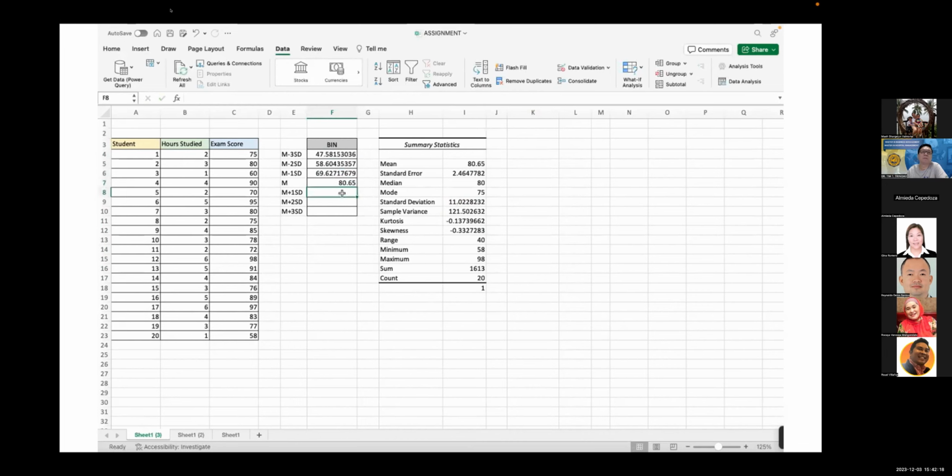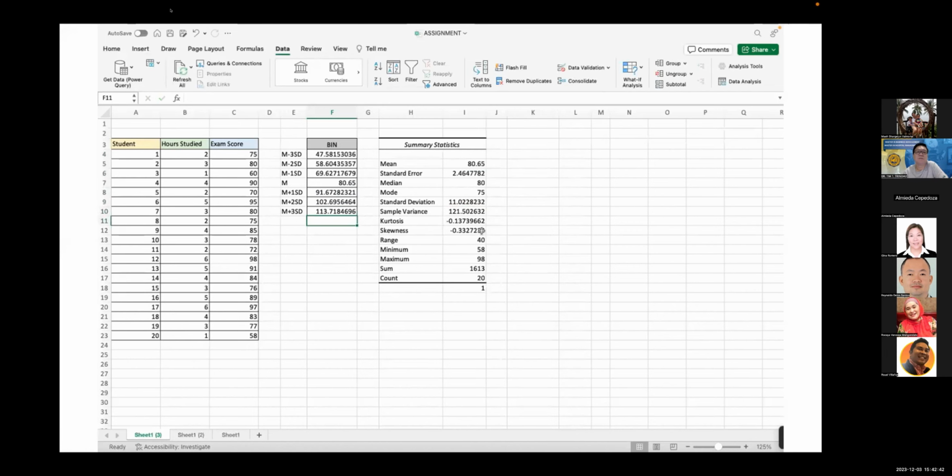Okay, so that's the mean. The mean is 80.65. And then we compute for the mean plus 1 standard deviation, and then mean plus 2 standard deviation, and then lastly, the mean plus 3 standard deviation.